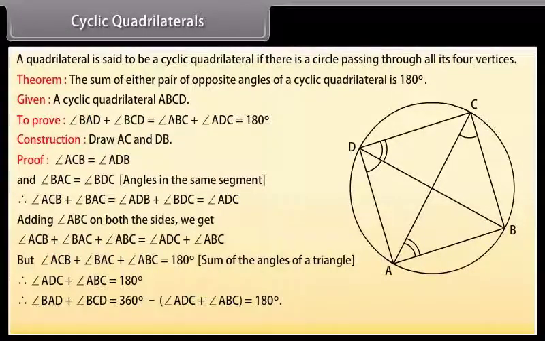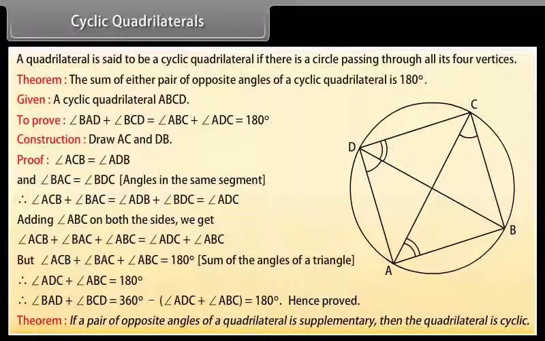Therefore, angle BAD plus angle BCD is equal to 360 degree minus angle ADC plus angle ABC, which is equal to 180 degree. Hence proved. The converse of this theorem is also true. That says, if a pair of opposite angles of a quadrilateral is supplementary, then the quadrilateral is cyclic.